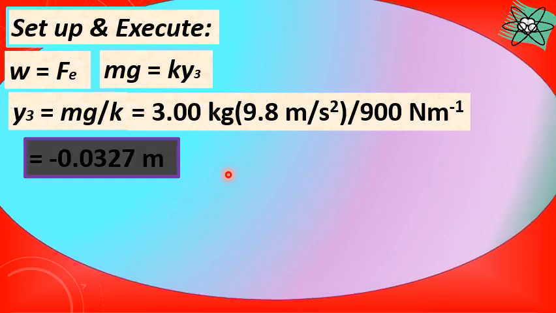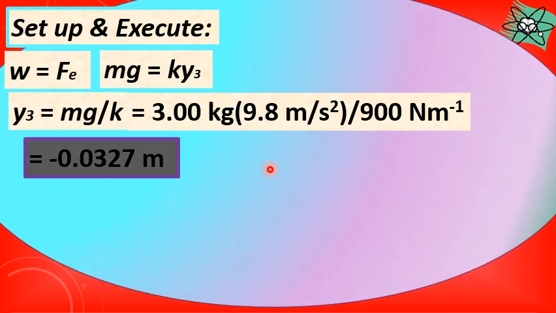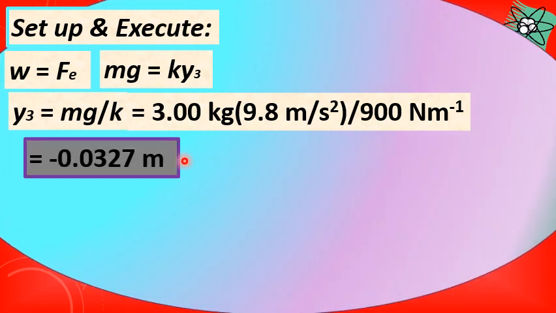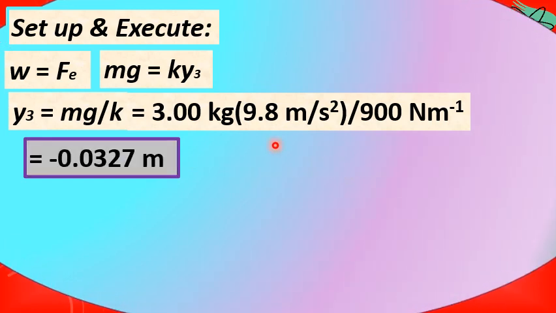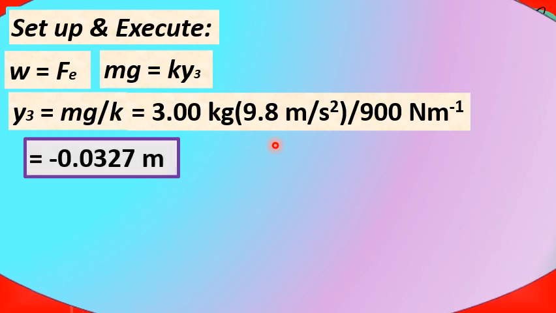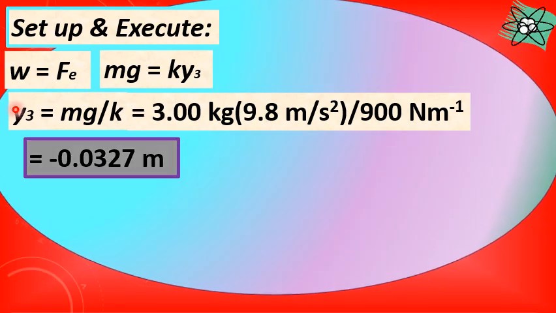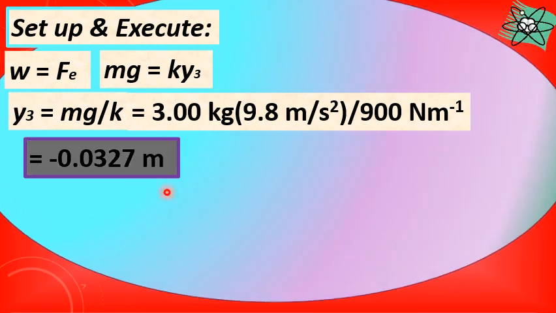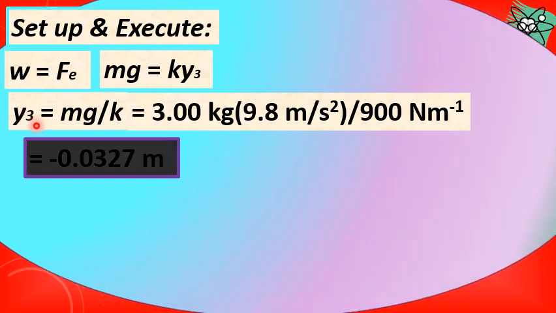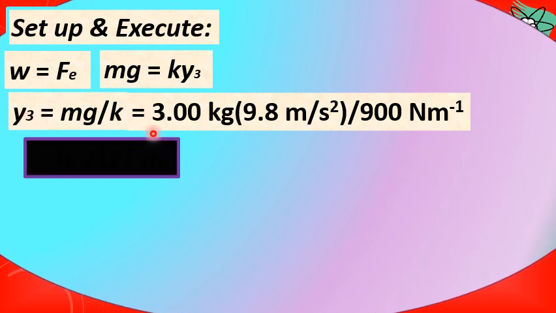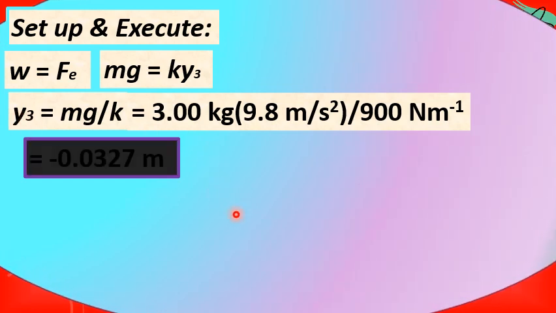So that is not the maximum speed of the fish. In fact, that is less than the maximum speed, which gives us the idea that when the fish has reached position 2, it has already passed position y sub 3.